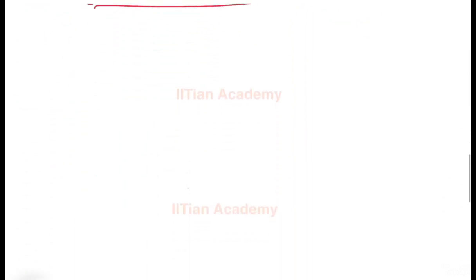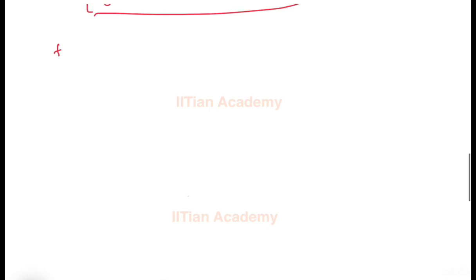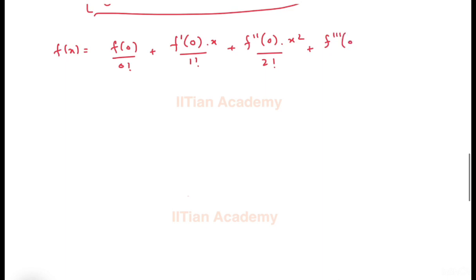For the record, let us recall what the Maclaurin series is: f of 0 by 0 factorial, plus f dash 0 into x by 1 factorial, plus f double dash 0 into x squared by 2 factorial, then f triple dash 0 into x cube by 3 factorial, and we have to identify up to 4 terms, so g fourth derivative of 0 into x to the power 4 by 4 factorial.